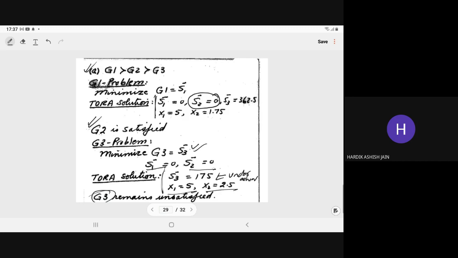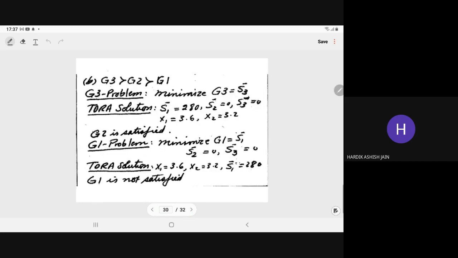But when you reverse the priority order, G3 has the highest priority, which means G3 is more prior to G2, which is more prior to G1. So the G3 problem will be: minimize G3 is equal to S3 minus.